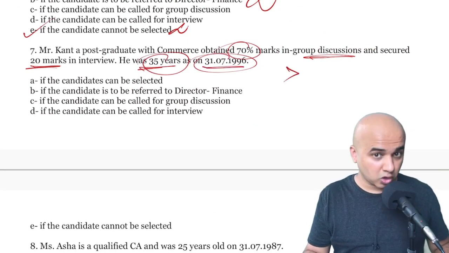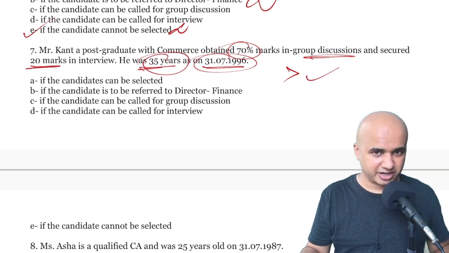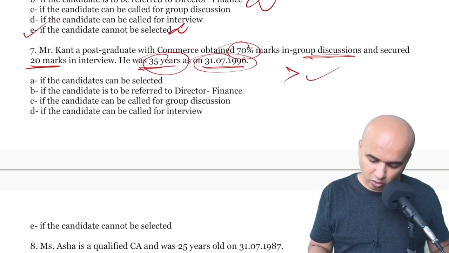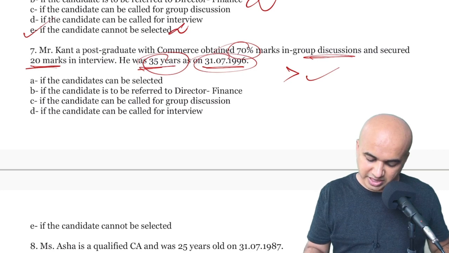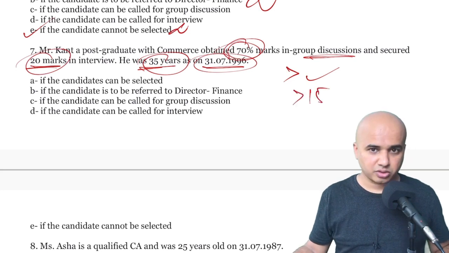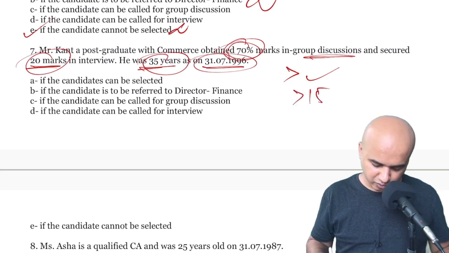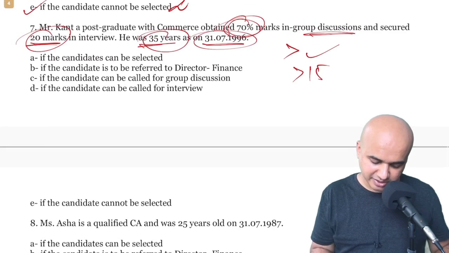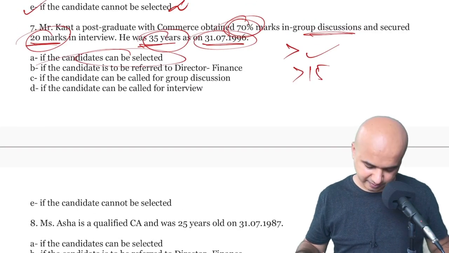He has not crossed 35 years. So therefore, he qualifies when it comes to the age limit. And also 70% marks in group discussion. Okay. And 20 marks in interview. That is more than the required marks of 15. So therefore, this candidate can be selected. Option A is the right answer.